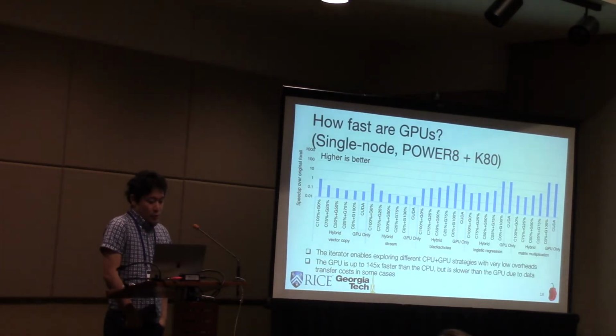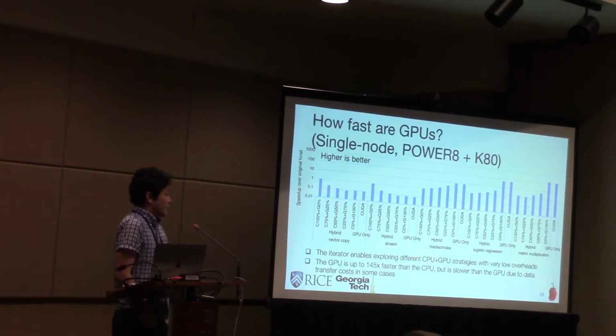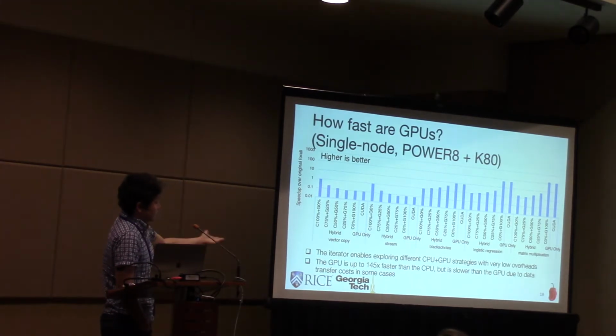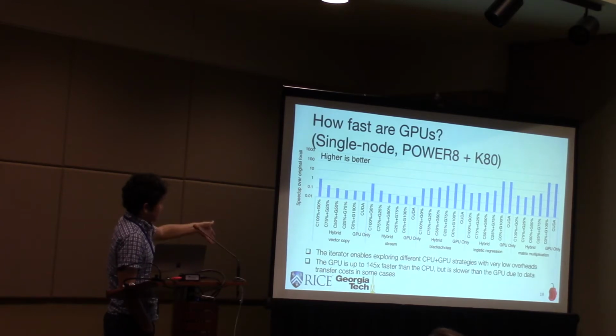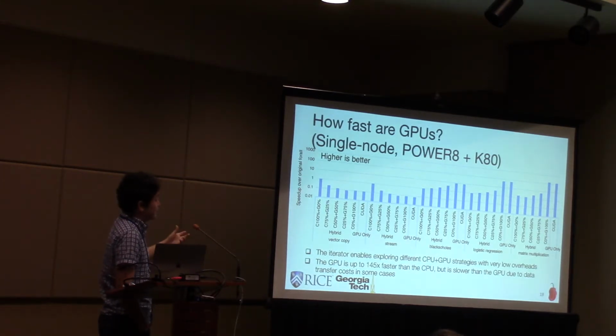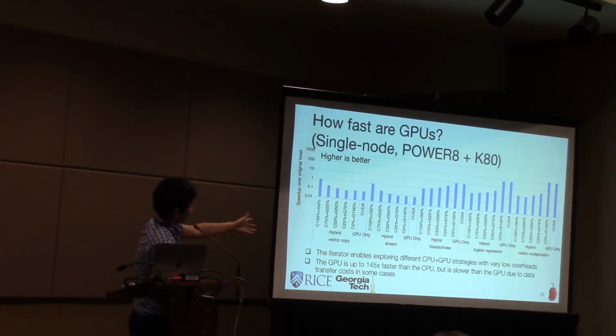Okay, so let's talk about the performance. The X-axis shows the application, the Y-axis shows the speedup over the original for loop, which means higher is better. As I mentioned earlier, GPUIterator allows us to easily explore different variants. You can just put the CPU percentage as a command line argument, so you can change the configuration very easily.